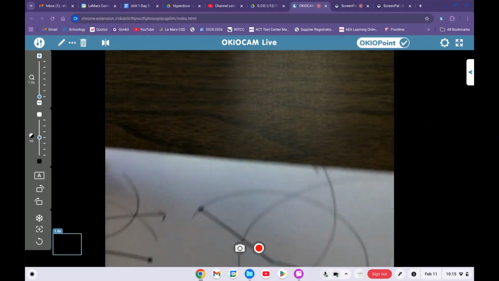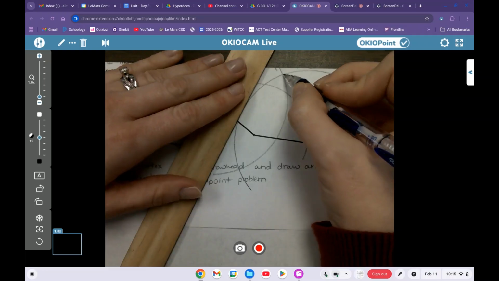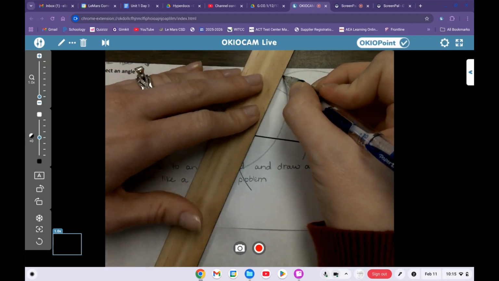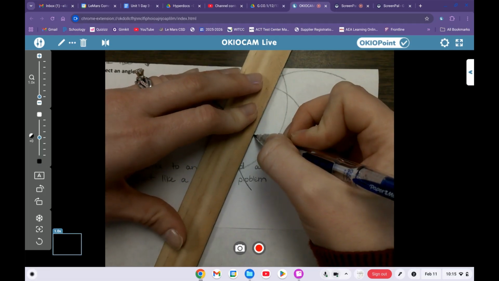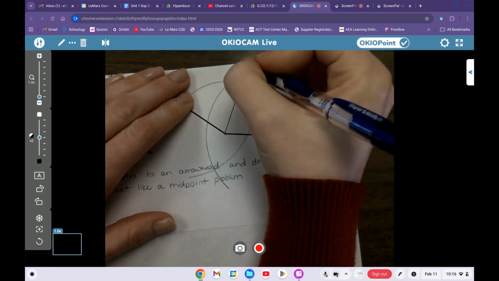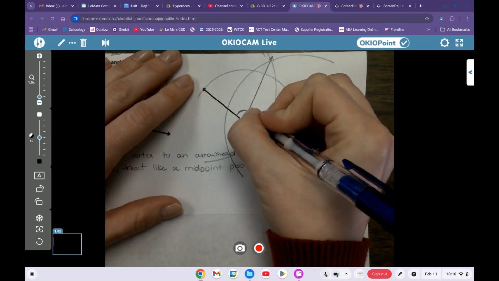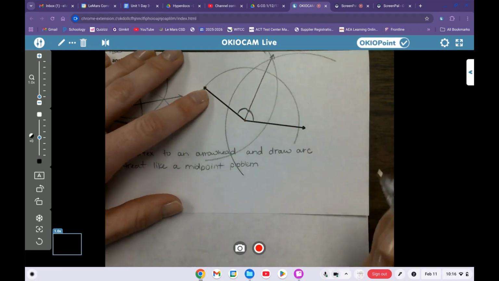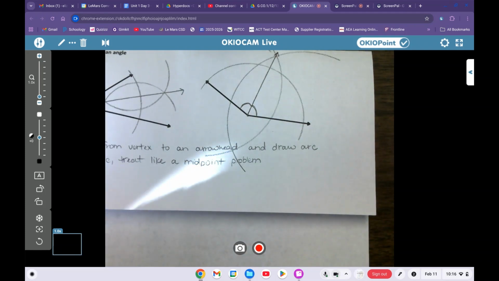Okay, then I can come back here and I'm going to connect those intersections to the vertex here. So there's my bisecting ray, which means this side of the angle should be equal to this side of the angle. All right, any questions on how we bisect angles?